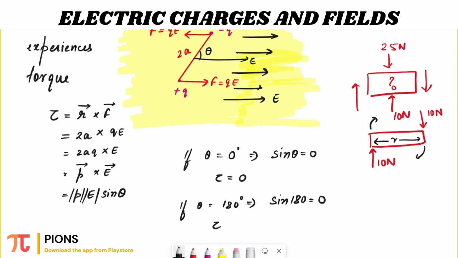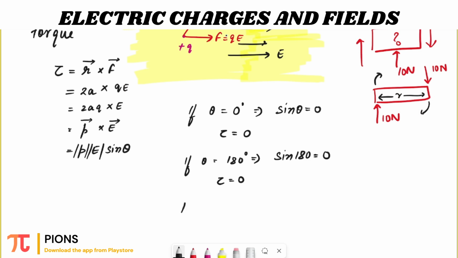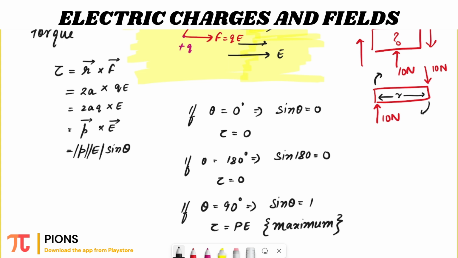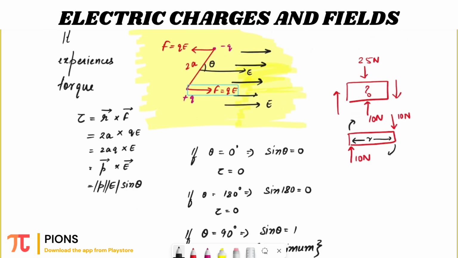So torque again will be 0. What about theta is 90 degree? If theta is 90 degree, then sine theta will be 1. That's the maximum value of sine. And torque will be maximum, in this case PE. That will be maximum, I am writing here. So they can ask you, when will a dipole experience a maximum torque? Theta is 90 degree. Now that's, I think, enough for boards.